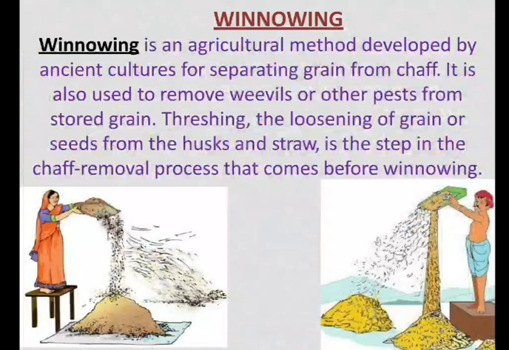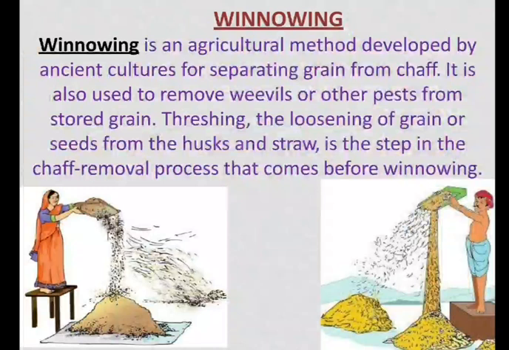It is used to separate heavier and lighter components of a mixture by wind or by blowing air. This method is commonly used by farmers to separate lighter husk particles from heavier seeds of grain. The lighter husk particles are carried away by the wind and grains form a heap near the platform for winnowing.